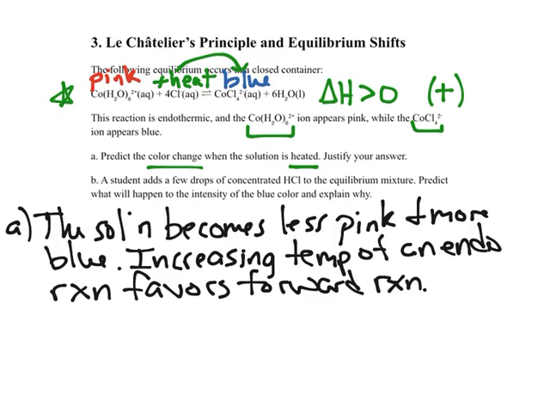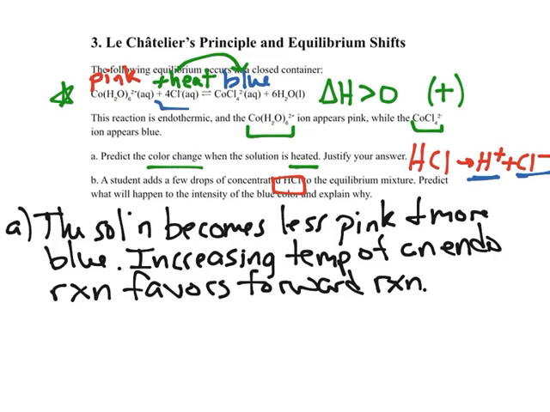For part B, a student adds a few drops of concentrated HCl to the equilibrium mixture. Predict what will happen to the intensity of the blue color and why. So this one's a little bit, got to think outside the box here. This HCl is going to break up into hydrogen ions and chloride ions rather. So there's going to be more hydrogen ions and more chloride ions than there were. Well, hydrogen's not really part of this equilibrium.